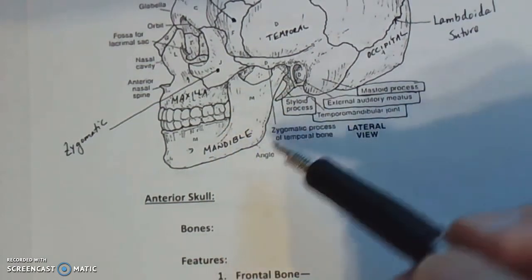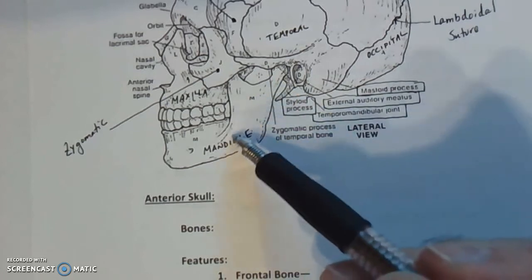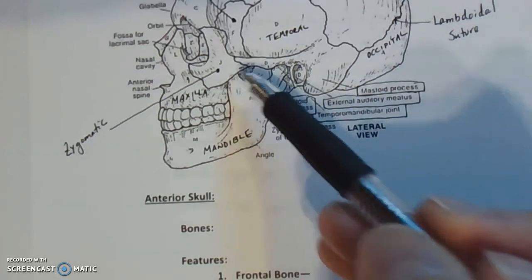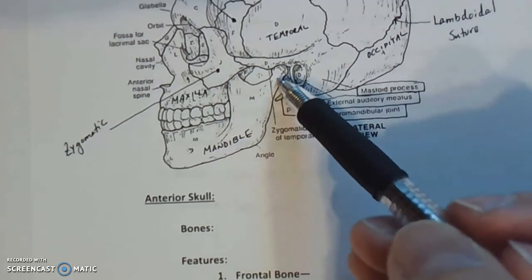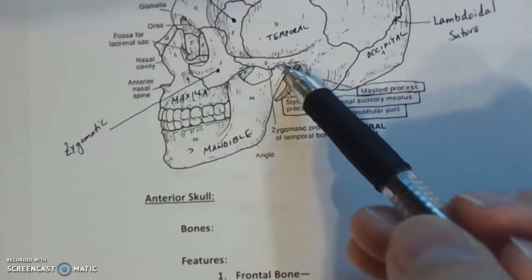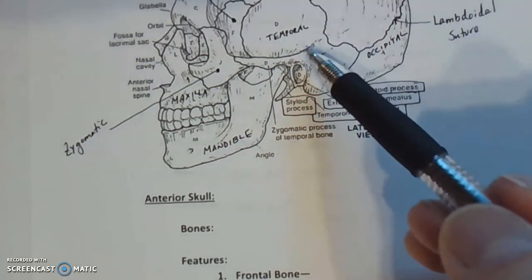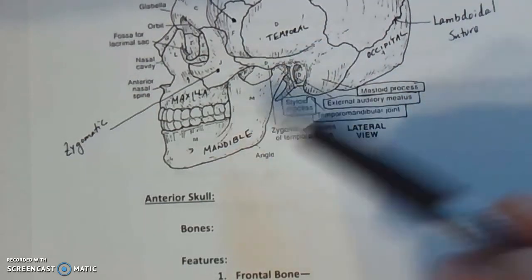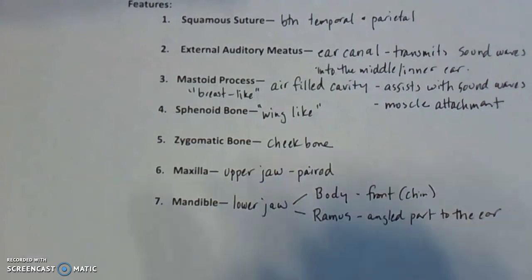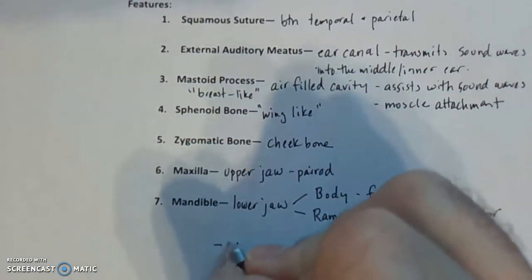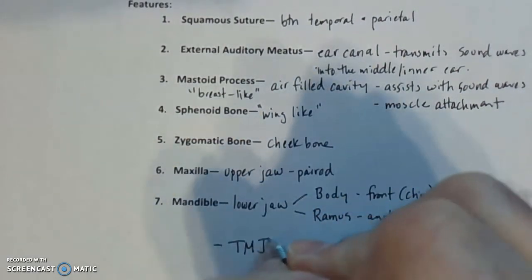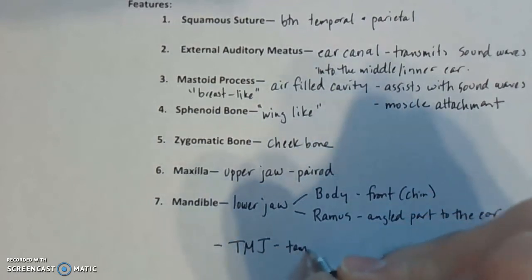This is called the ramus. Part of this goes up underneath the zygomatic, and another part resides in this joint right here called the temporomandibular joint, because it attaches the temporal and the mandible. That is sometimes abbreviated as the TMJ.